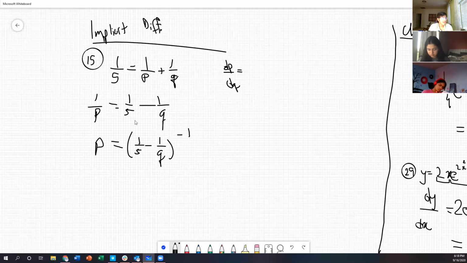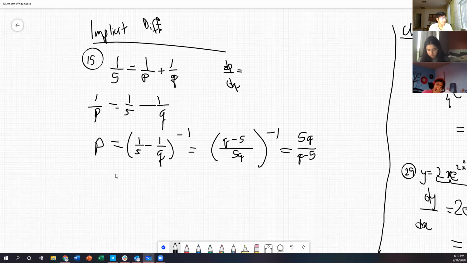Now, the reason I can't just flip this is because I don't have a common denominator. So I'm going to take the common denominator 5q. Essentially, this becomes (q minus 5) over 5q, to the negative 1 power. Now that we have a common denominator, I can just flip this fraction, and this becomes 5q over (q minus 5). And now, with p equals 5q over (q minus 5), I can take the derivative of both sides.